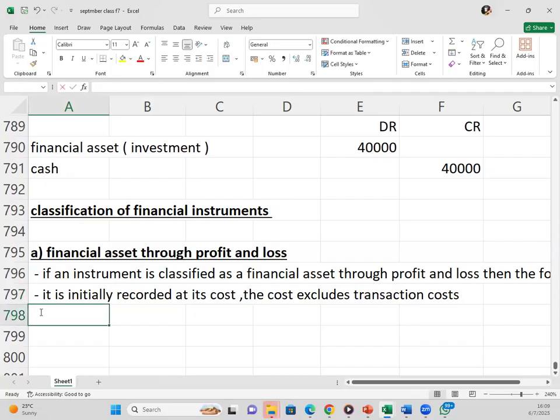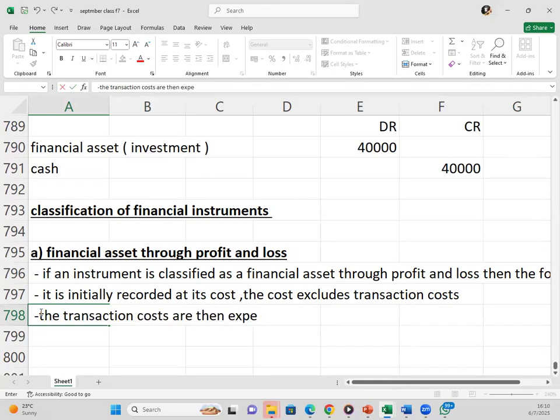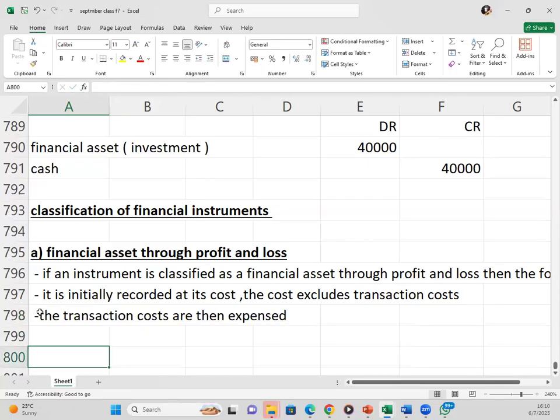I'll give you an example. The transaction costs are then expensed. Let me just say one more point before I forget.